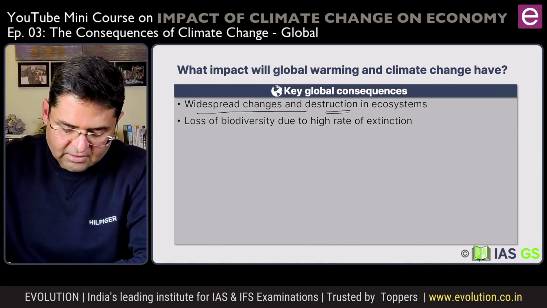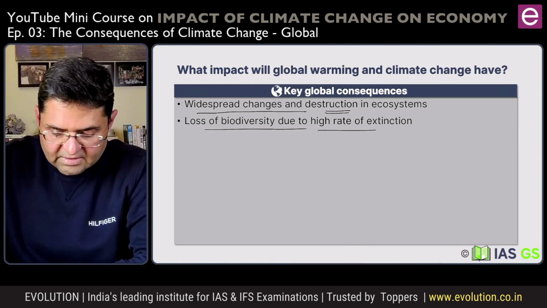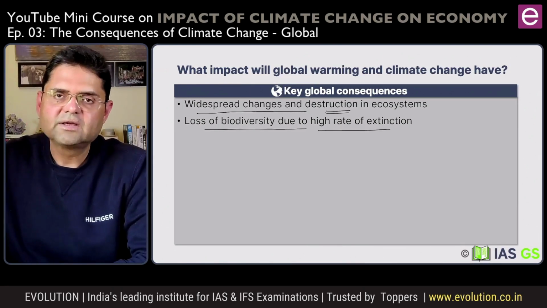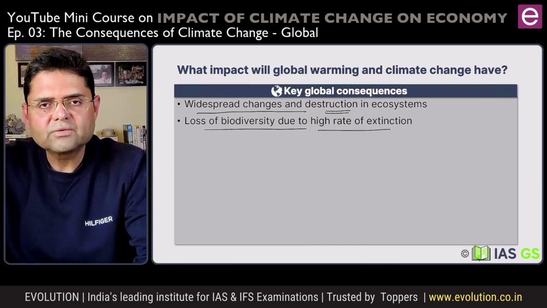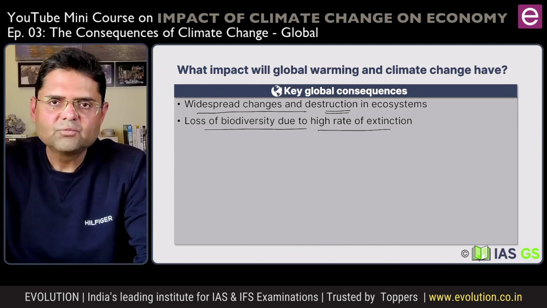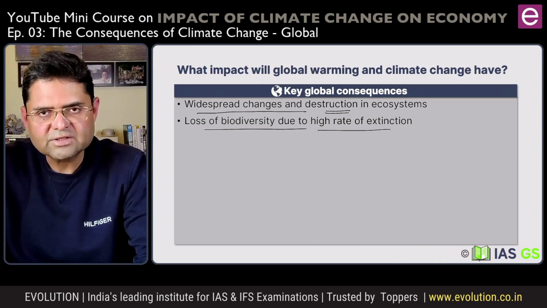Species are getting extinct. So climate change is increasing the rate of extinction primarily by causing destruction of the ecosystem. Apart from the destruction of ecosystems, there is also a factor of increasing prevalence of different diseases in the forests, which will be targeting certain species and making those species extinct.